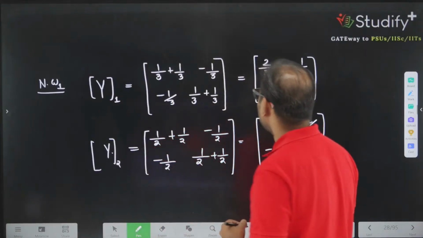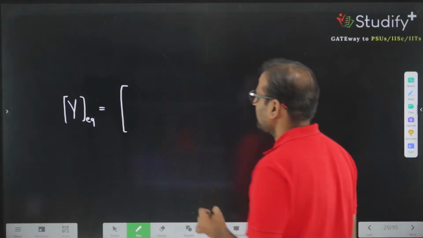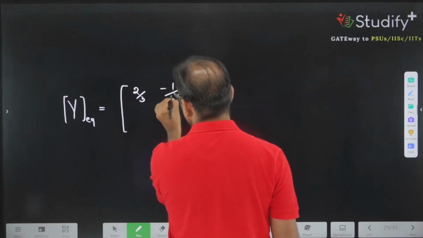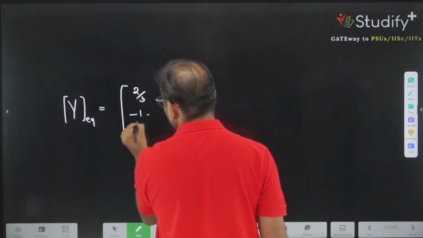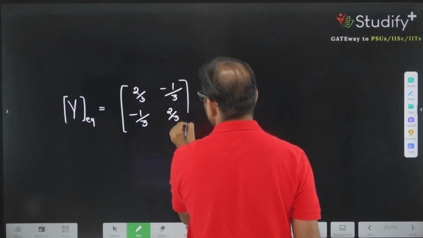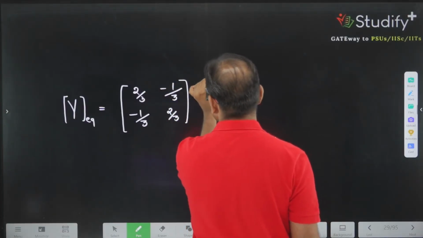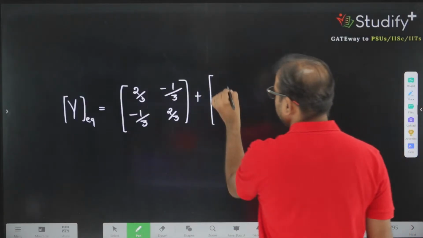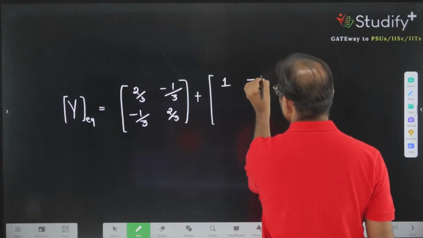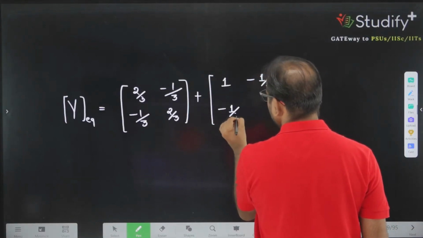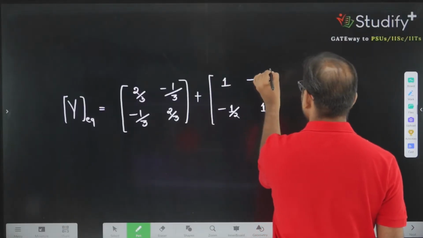And what is the addition of the y parameters? 2 by 3, minus 1 by 3, minus 1 by 3, 2 by 3, plus what we are having: 1, minus 1 by 2, minus 1 by 2, and 1.